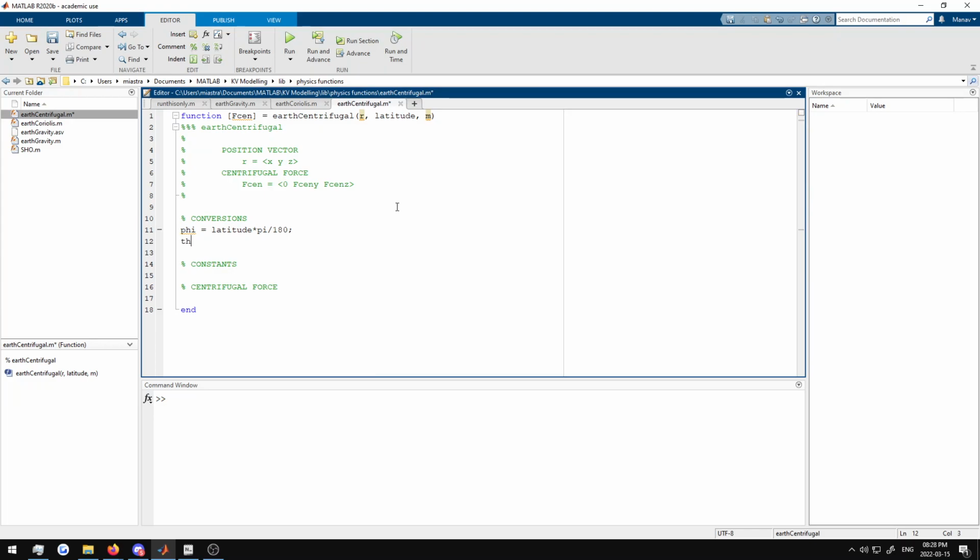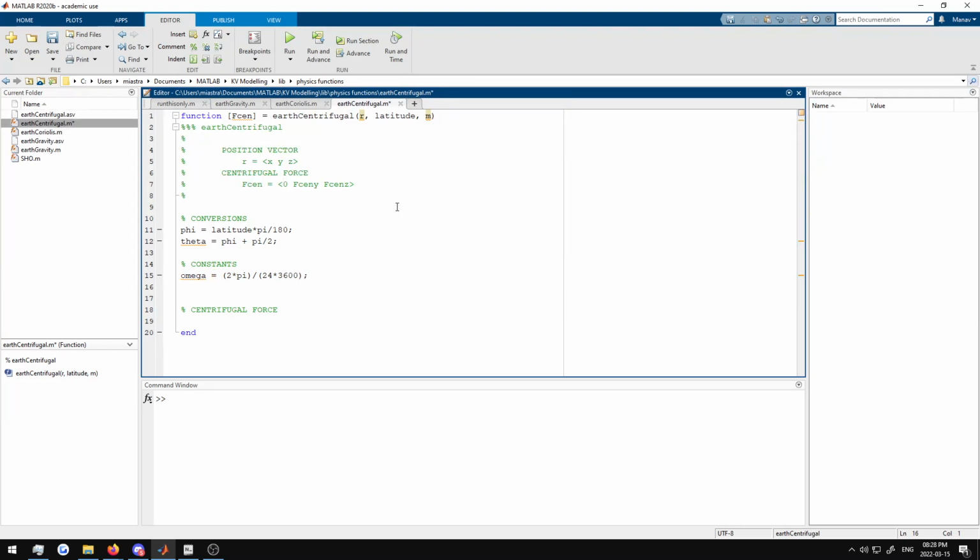We also want the polar angle, which starts at the North Pole and sees how far down you are. And this is going to be phi plus pi over 2. You can draw a quick diagram and convince yourself that that's the case. Then we have omega is equal to 2 times pi divided by 24 times 3600.